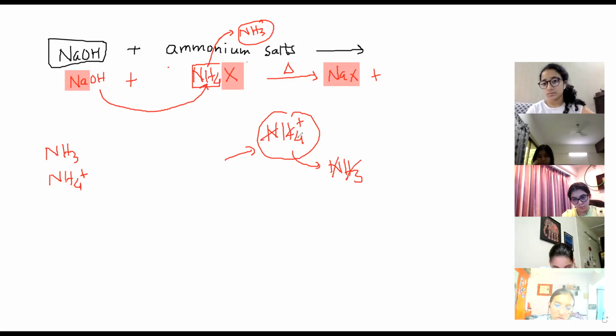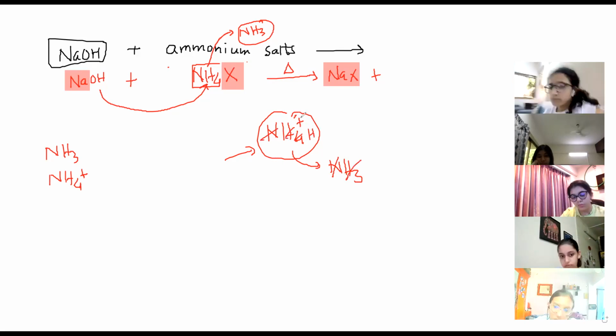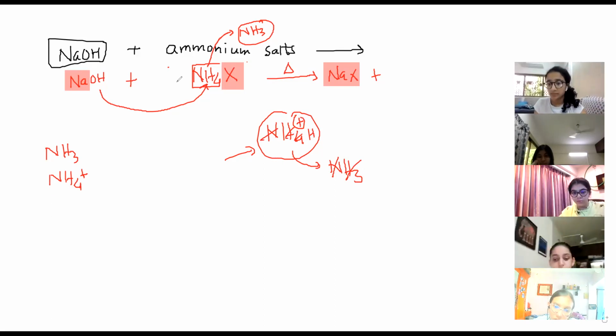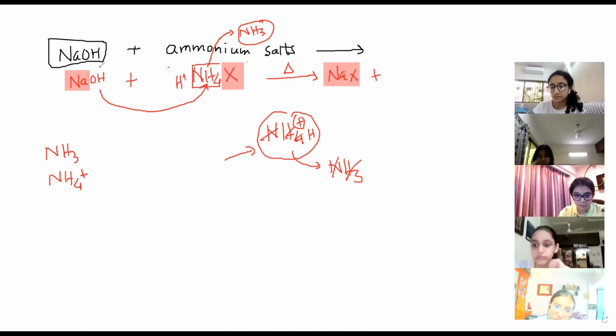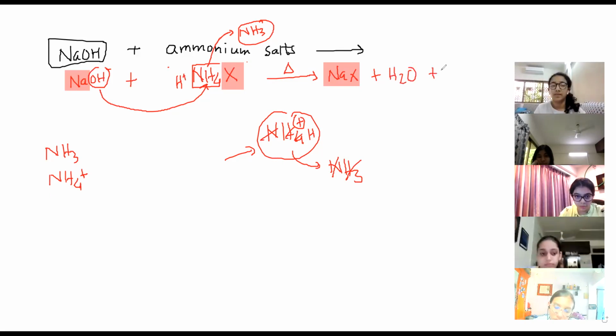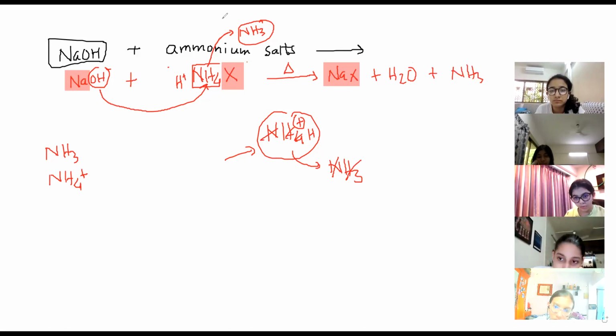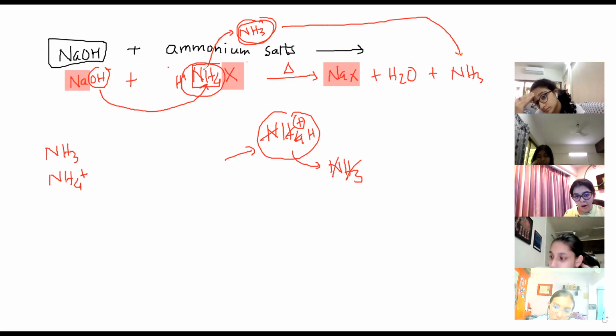Here I have H4, so one H will remain and the plus sign is there. So here H plus will remain. So this OH minus and the H plus will form water. And you will get the displaced ammonia as one of the products, which is removed from the ammonium, and the H plus that remains and the OH minus will form water.